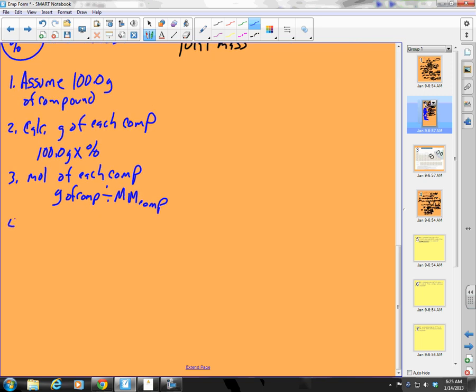Then what do we do? Okay, I want to set up ratios. Set up ratios of what? Of moles, right? Now, what am I going to do? I have these moles of components, and I'm going to use the smallest mole component as the denominator.